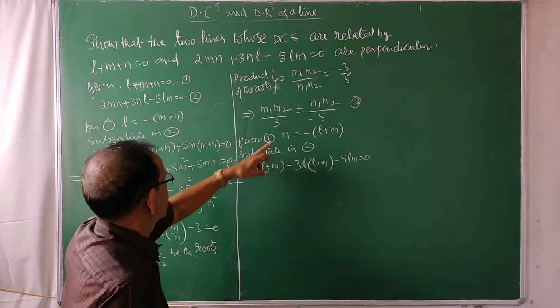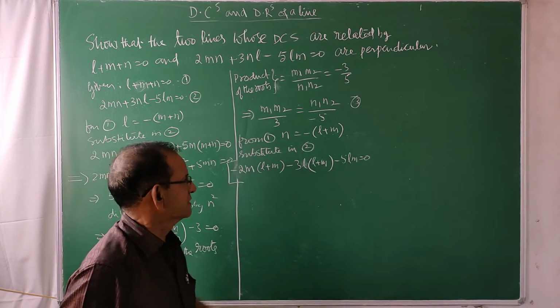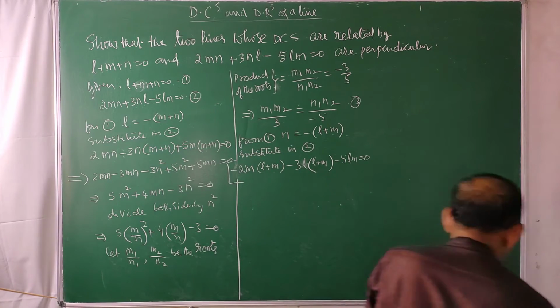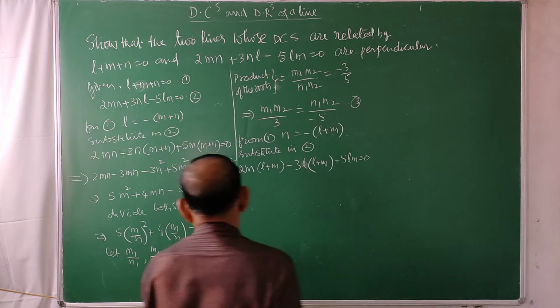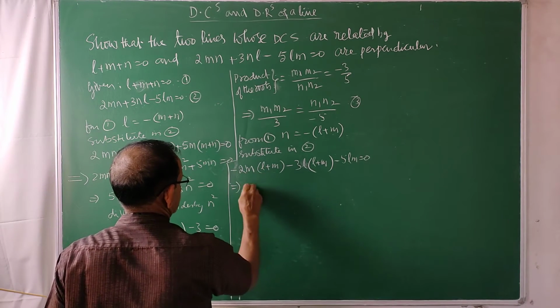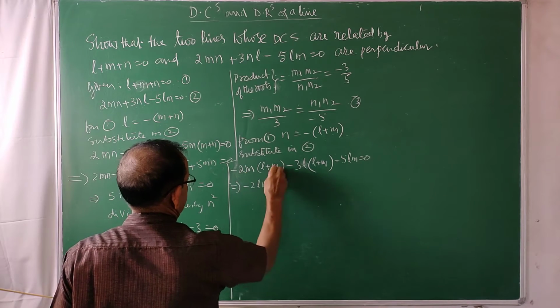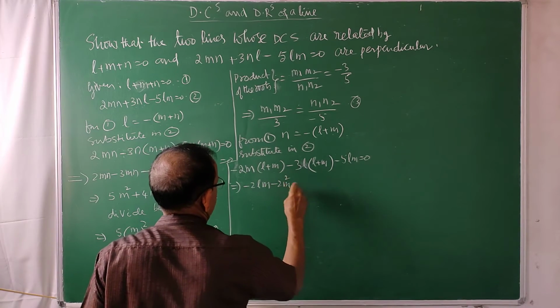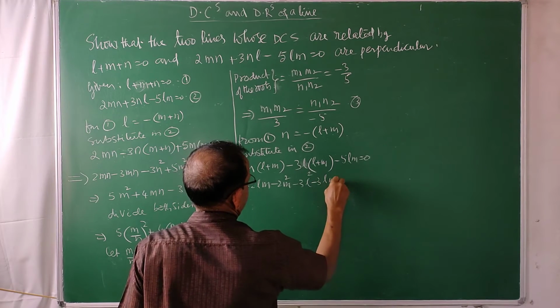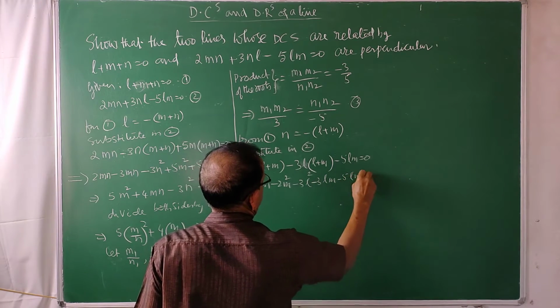Wherever there is n, you have to put minus of L plus m. Now, if you simplify this, that implies minus 2lm minus 2m square minus 3l square minus 3lm minus 5lm equal to 0.